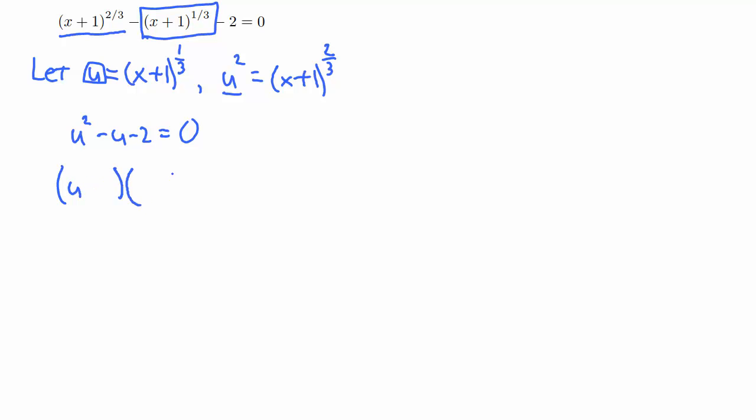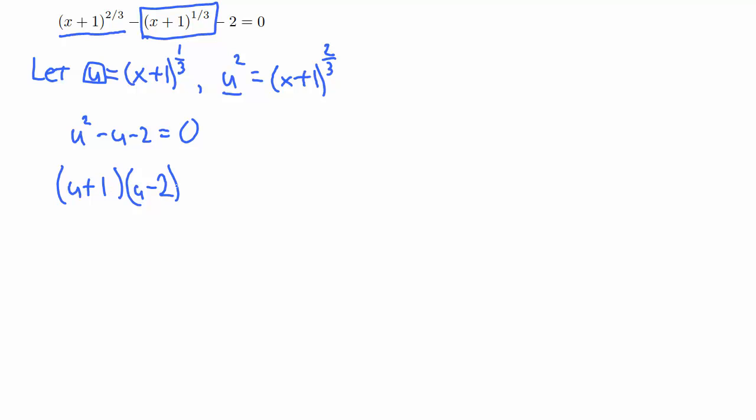Do u and u. The negative sign here means one's positive, one's negative. So what multiplies to 2 and has a difference of an understood 1? Well, that's just 2 and 1. Because this is a negative sign, the larger of the two numbers, the 2, must be negative.